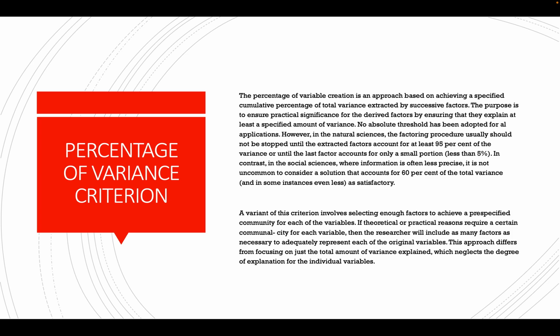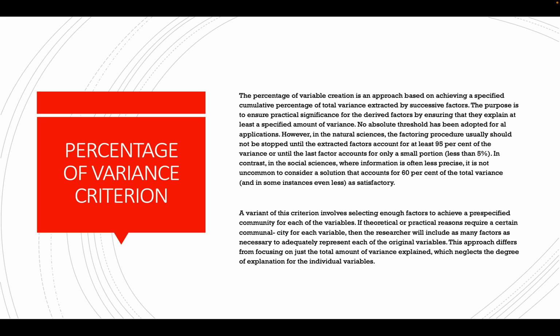No absolute threshold has been adopted for application. However, in the natural sciences, the factoring procedure usually should not be stopped until the extracted factors account for at least 95% of the variance, or until the last factor accounts for only a small portion, less than 5%.